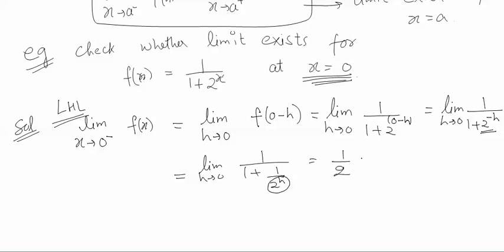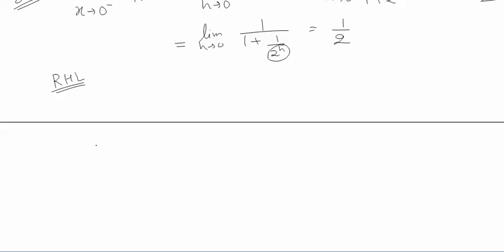So this is nothing but 1 by 2, isn't it? Okay. Now similarly, let us find out the RHL. For RHL, limit x tends to 0 plus f(x) is nothing but limit h tends to 0 of f of 0 plus h.